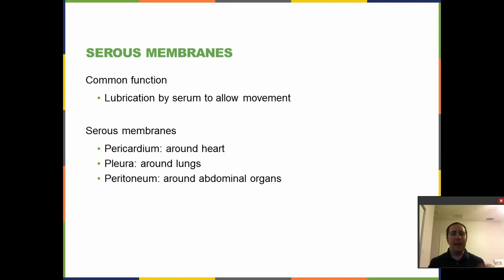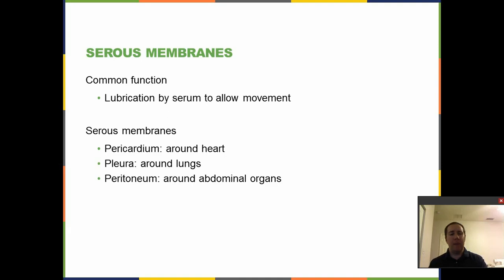But we have three serous membranes in our body. We have the pericardium. This is a serous membrane around our heart. We have the pleura, or the pleural membrane, which goes around our lungs. Notice these words sound like the cavities, right? The pericardial cavity had the heart.